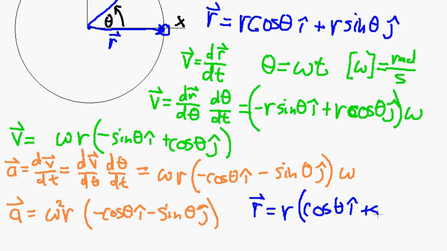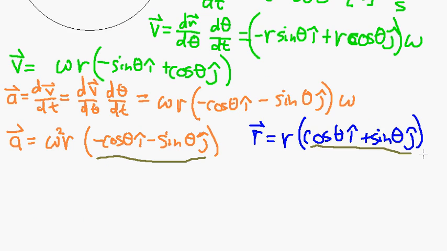And now you notice this in here is just the negative of this in here. So what you can say is that r hat equals r times this, and a equals omega times this.